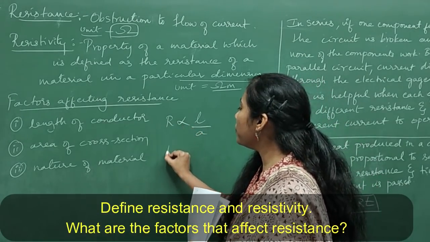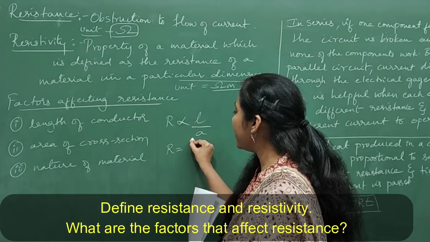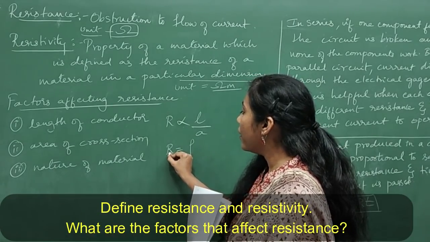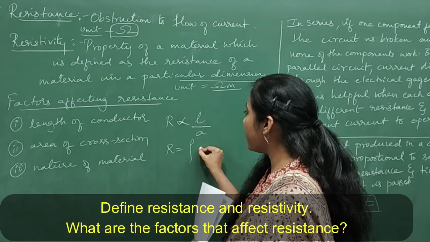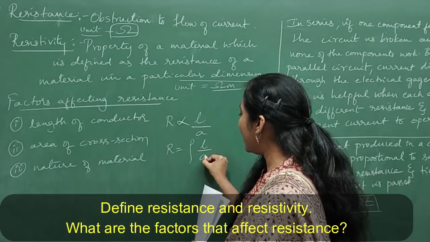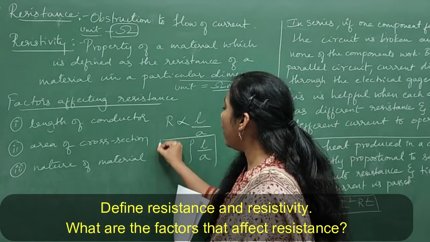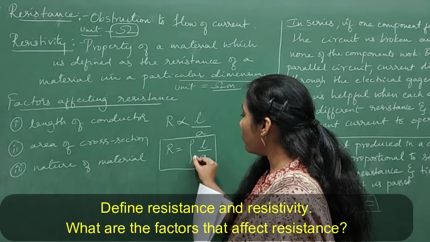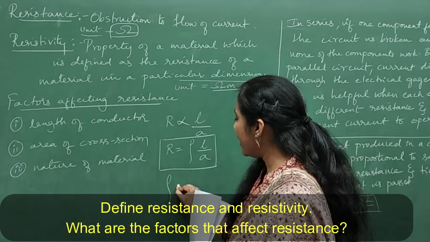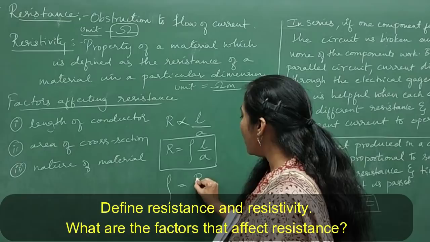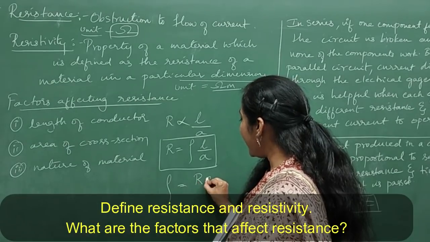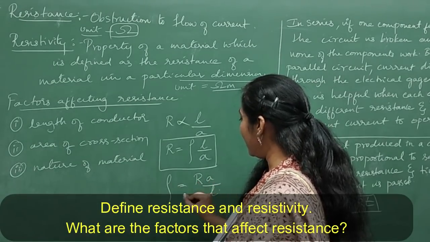If you have to remove this proportionality sign, we can introduce a constant called resistivity. So R is equal to resistivity into L by A. This is the formula for resistance. And what is the formula for resistivity? Resistivity is equal to R into A divided by L, isn't it?